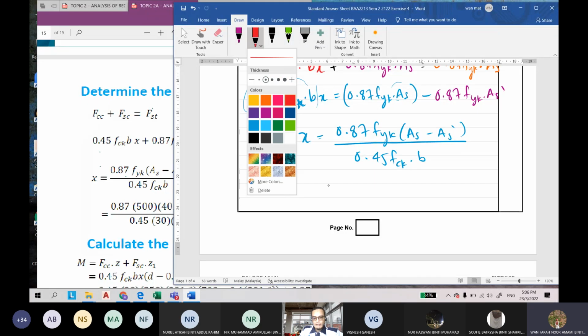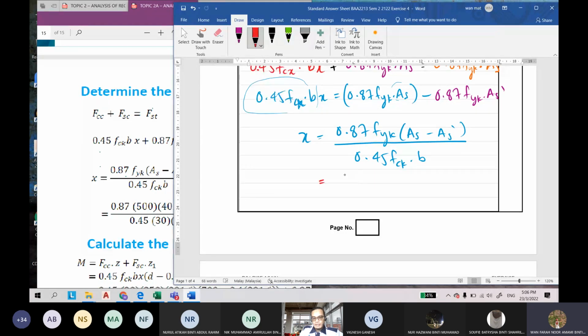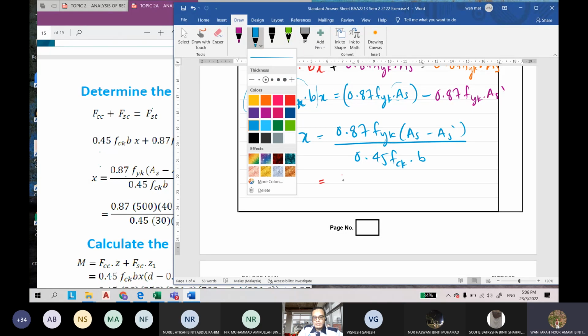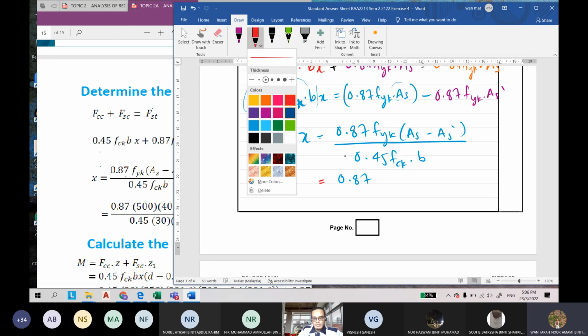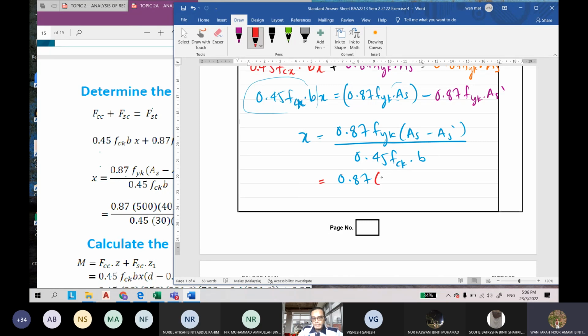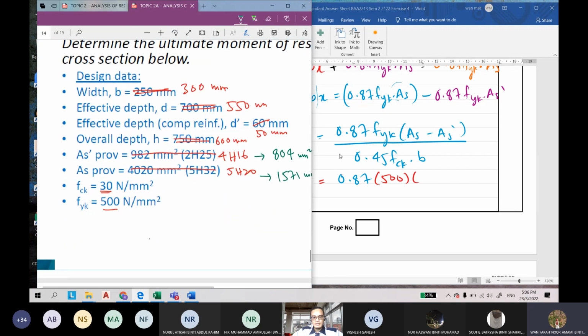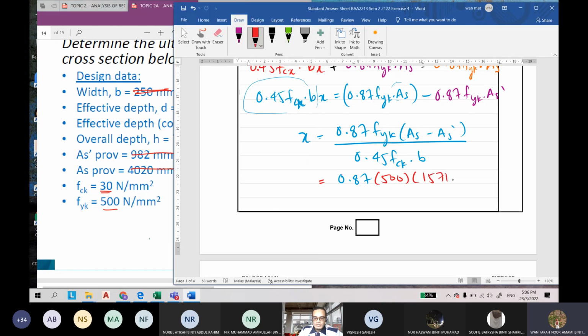So what is the value of our x now? Equal to 0.87. Our fck now, fyk is 500. As prime, what is As? Our As is equal to 1571 minus 804. 804 is here.